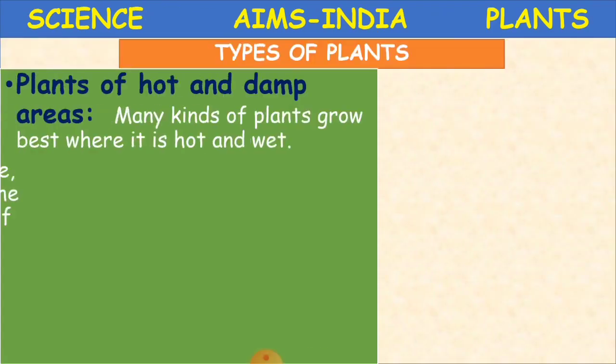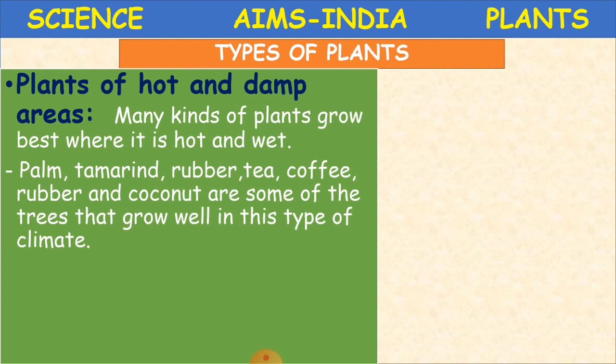Okay. Now another type of trees. These are plants of hot and damp areas. What is a damp area? A damp area is one which has a little moisture in the air. For example, the seashore. If you go near water bodies like the sea, you have so much water there, but you still feel a little humidity.